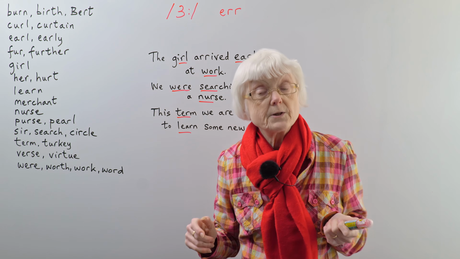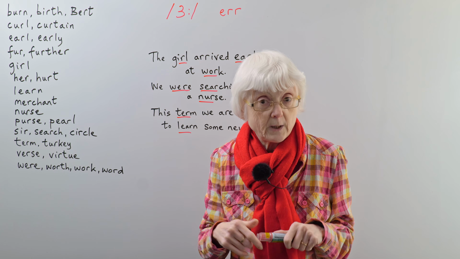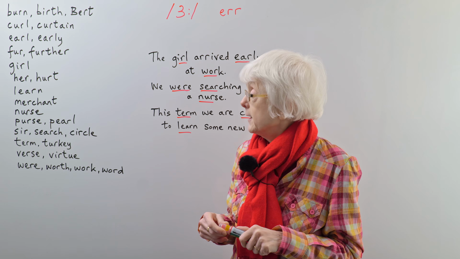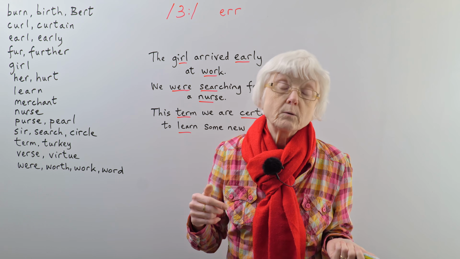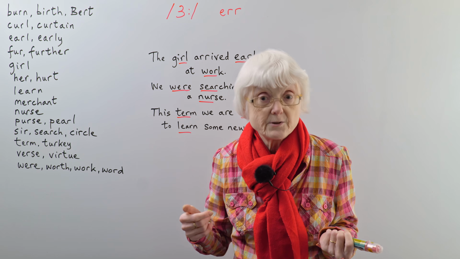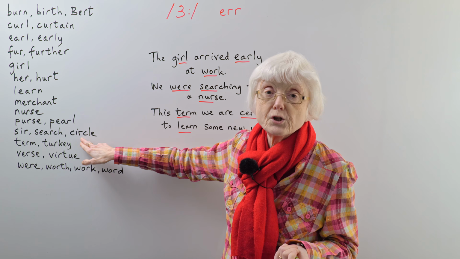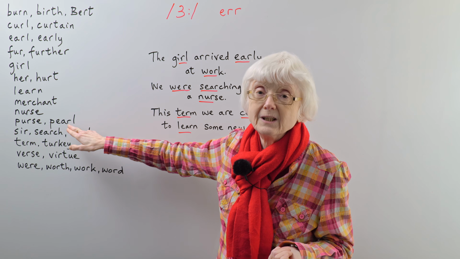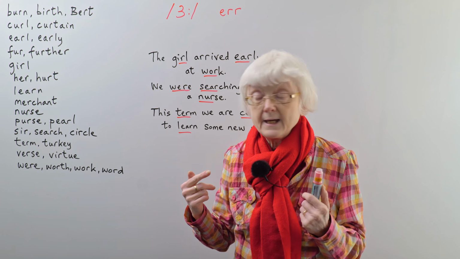And the other thing to remember is ignore the R. That is, if you want to speak with a British English accent, a UK English accent, the R is silent. If you're speaking with an American accent, then you would have more of an R sound. So you might have circle or pearl, and there would be a slight R sound in it.